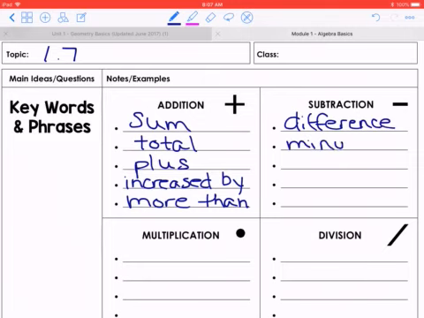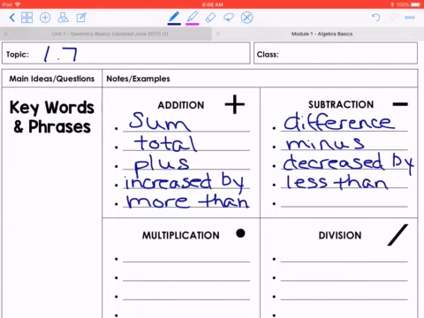Some of these should be pretty familiar to you. Decreased by, less than, and subtracted from. I'm running out of space here.